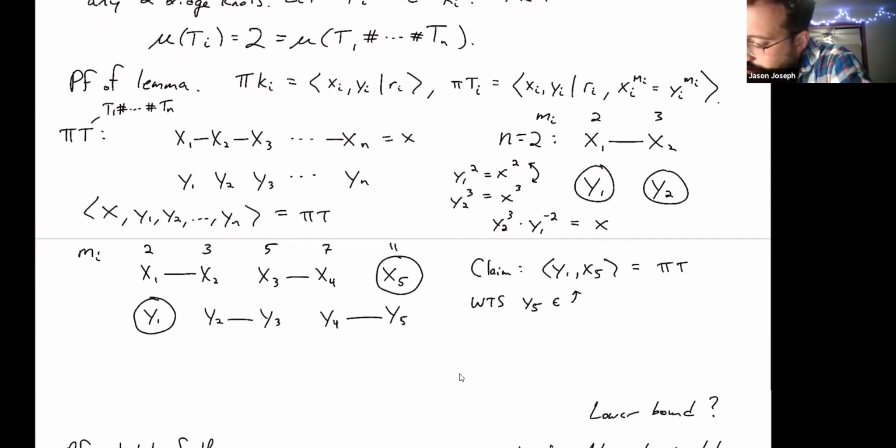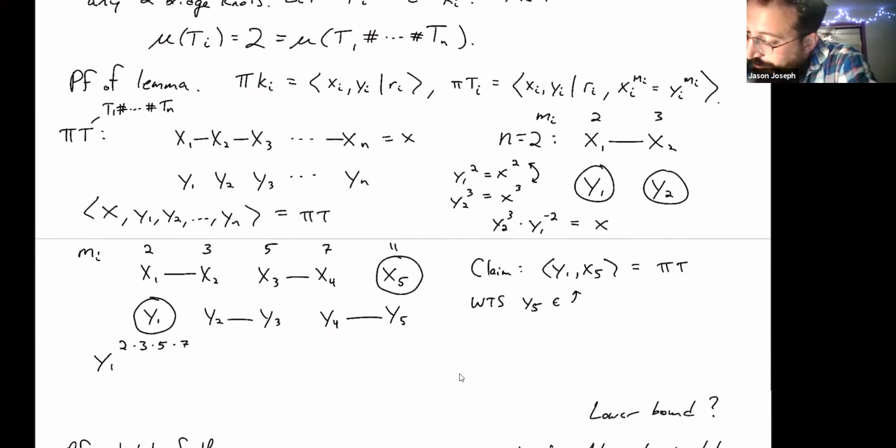So what happens if I do y1 and I'm going to raise it to a giant number? It's going to be 2 times 3 times 5 times 7.